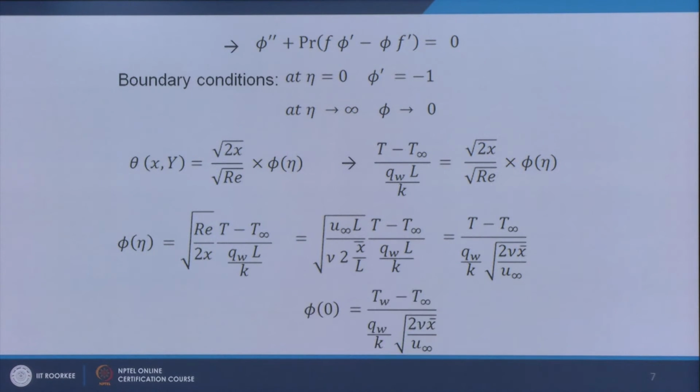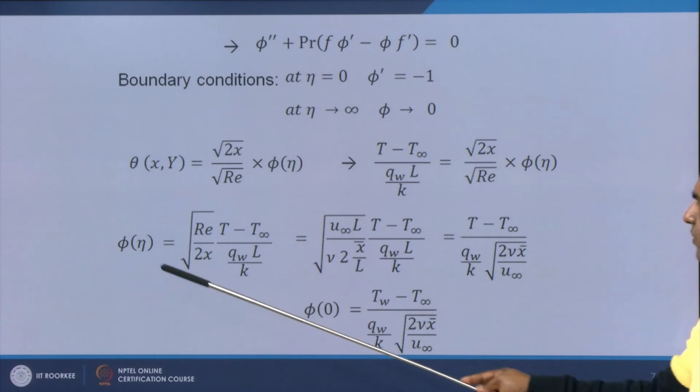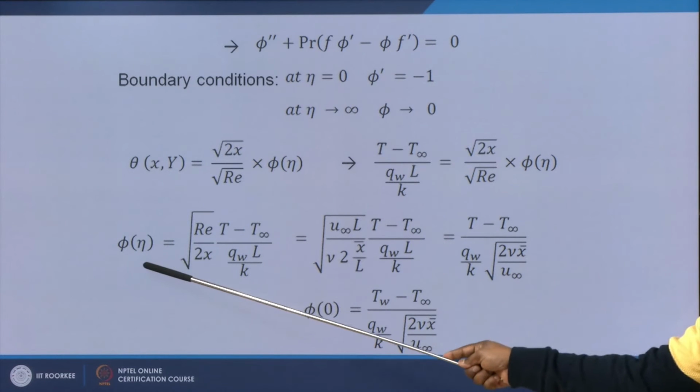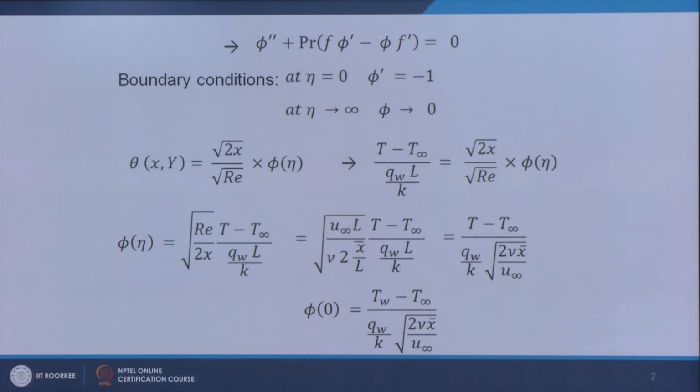Okay, so if you try to find phi 0, what happens at phi 0? Phi 0 means at the wall, what is the value of phi? So you can find out. This will become Tw, because T at the wall is Tw. So Tw minus T infinity by Qw by k root over of 2 nu x bar by U infinity. Here, why are we doing this?